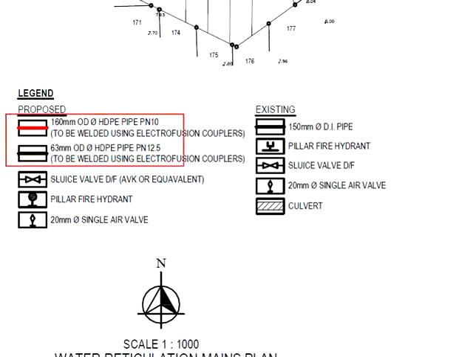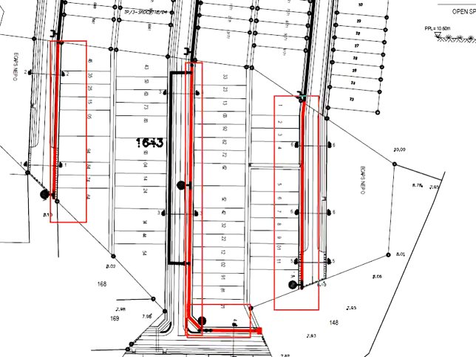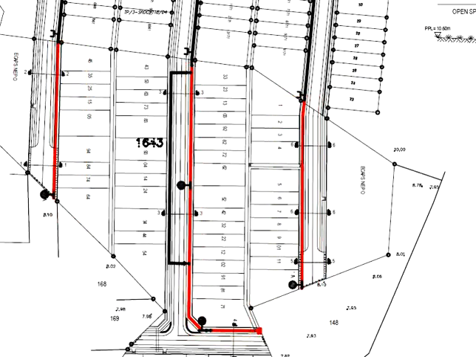There are two sizes here, 160 mm diameter and also 63 mm diameter. The main water mains are using the 160 mm diameter. As for the looping water mains, since the servicing area is limited, smaller diameters may be used.